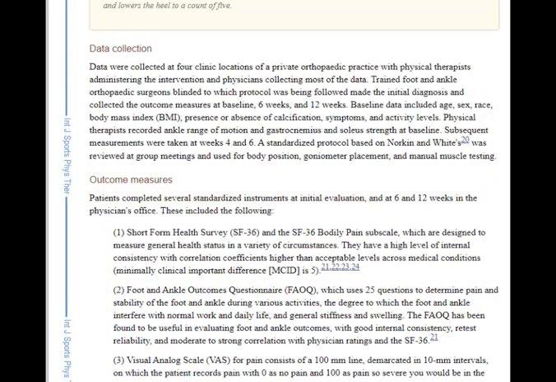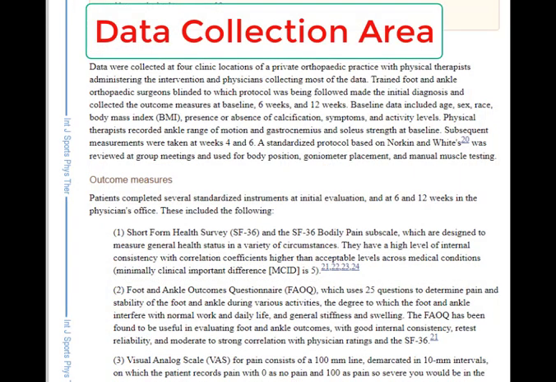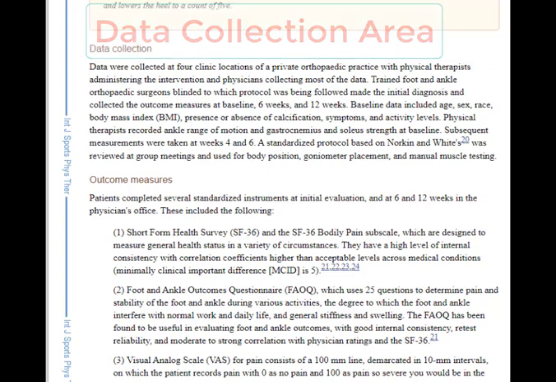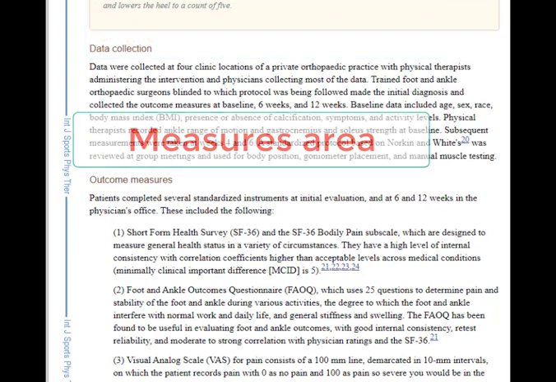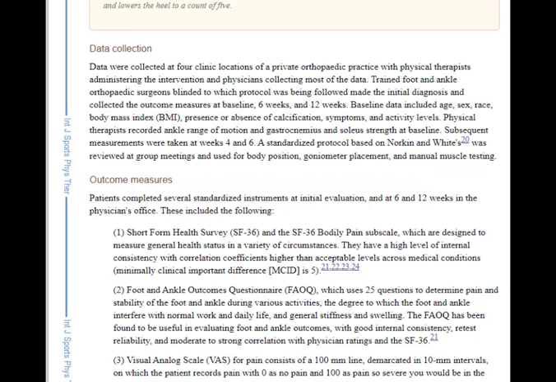Next, we're moving on to the data collection area, and that will describe how information is going to be gathered and the types of information that they're going to be gathering. How they're going to gather that information depends on the measures that they use. In this case, the outcome measures are referring to standardized instruments, and that terminology, instruments, refers to the tool that they're using to gather the data.